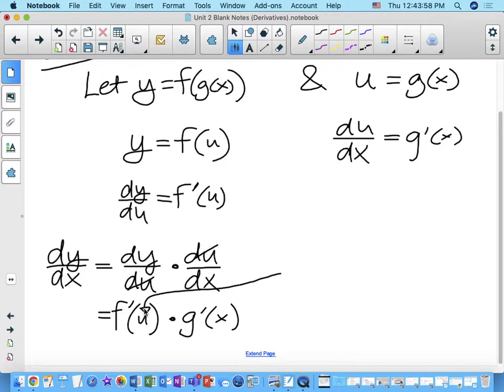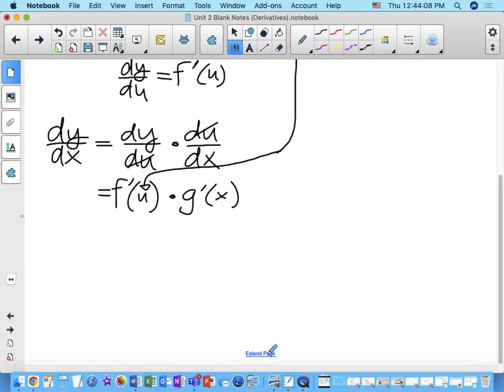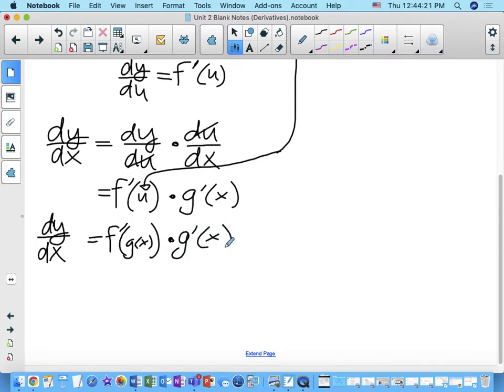G of x, yes. U was g of x, so we're going to go and sub g of x back in there. And we're going to get that dy by dx equals f prime of u, which is g of x, times g prime of x. And that is the chain rule.